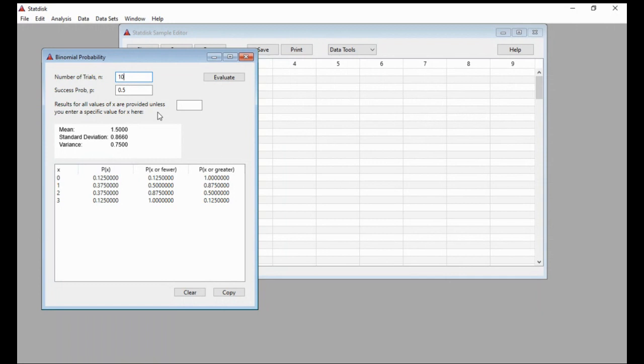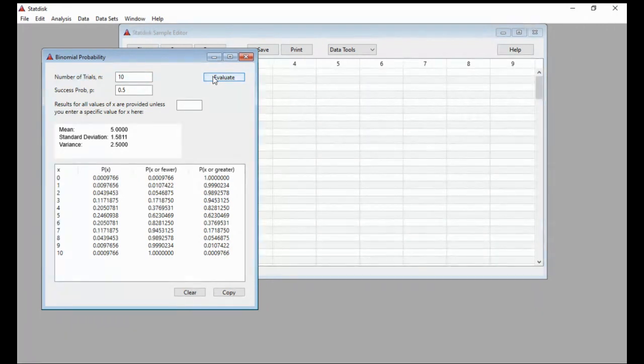Do the evaluation, and we got these tables. Using the 3 tables, we can answer any question about binomials.